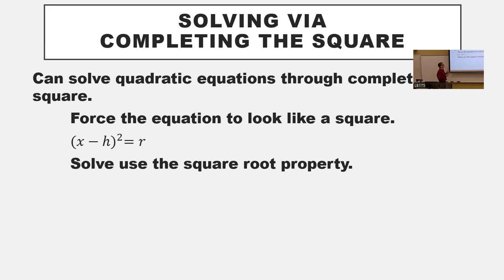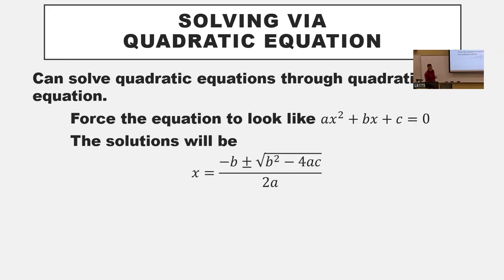And so we rewrite one side of the equation to make it so that it's x minus a number squared. And then the other side of the equation will be some real number. And then we just solve using the square root property. But it's called completing the square because I want to get a perfect square on one side. Right.